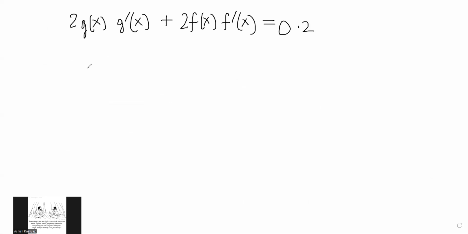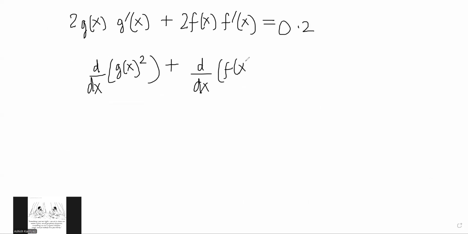And now we can say that this is the derivative of d by dx of g x square plus d by dx of f of x square is equal to 0.